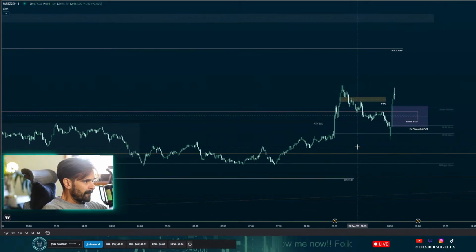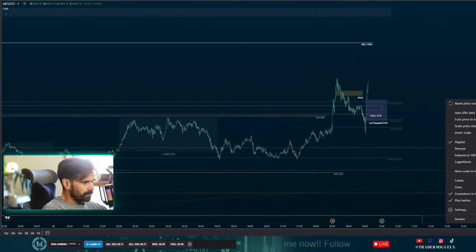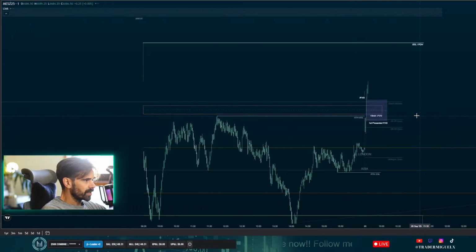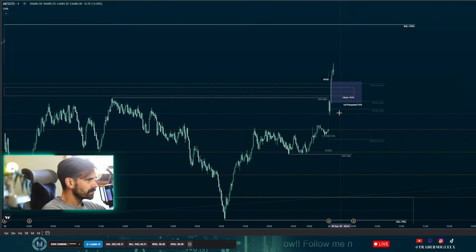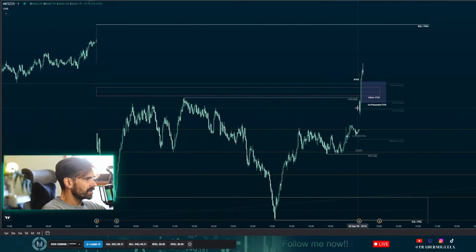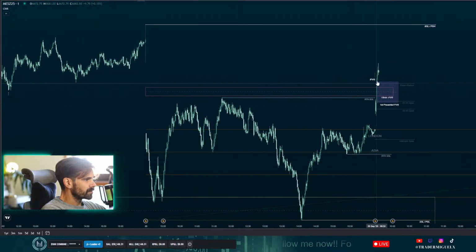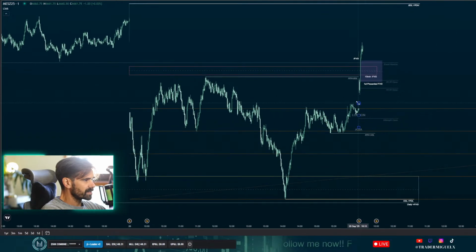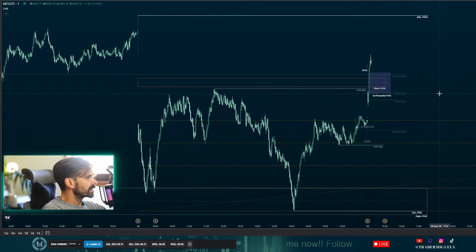Looking into the regular trading hours, we can see that buy side liquidity has already been taken here. So I would only look for shorts if we come down once again and eventually target the sell side liquidity of the regular trading hours here, and eventually lower prices, if price really comes down here.